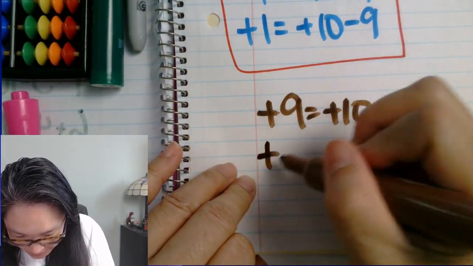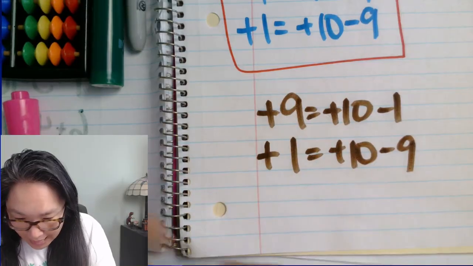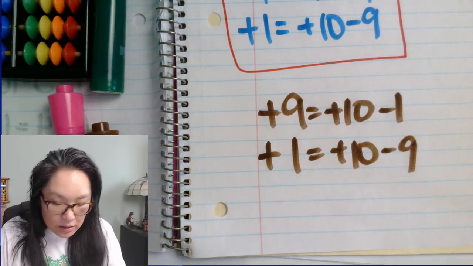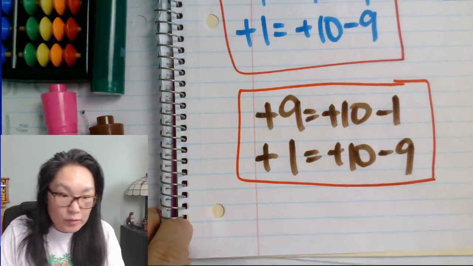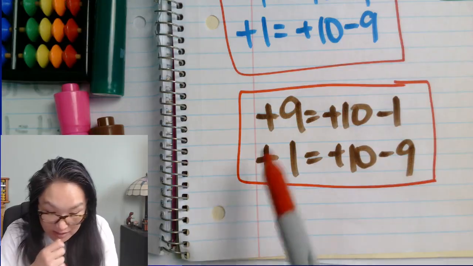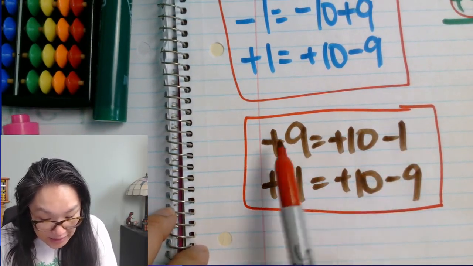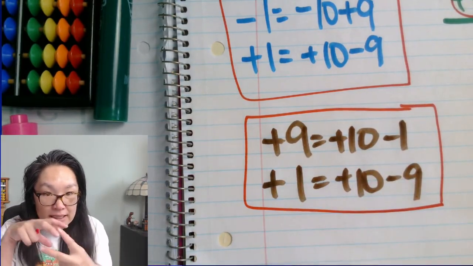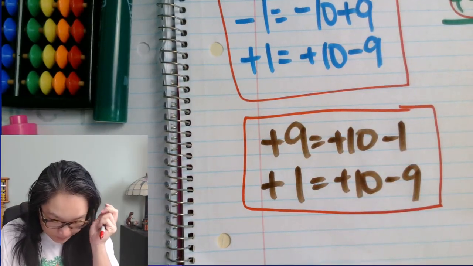And then plus the 1 is equal to plus the 10 minus the 9. In Abacus world, this is just a pair. I don't know if there's a math terminology for that. But these are a pair. This is not commutative. This is not inverse. They're pairs. They're connected.